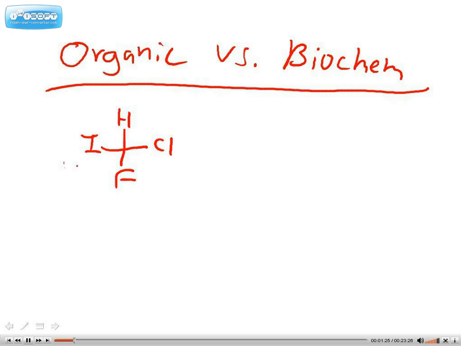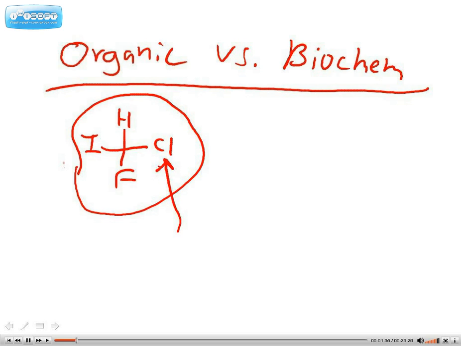This would be considered generally an organic molecule, but it would not be considered a biomolecule. For one factor, it has chlorine, which you usually don't find in biomolecules simply because chlorine is a poison.